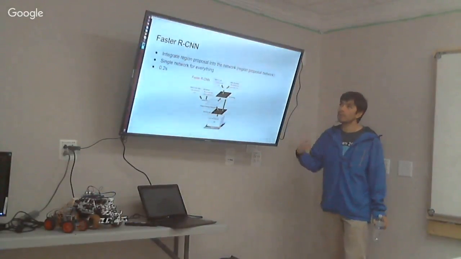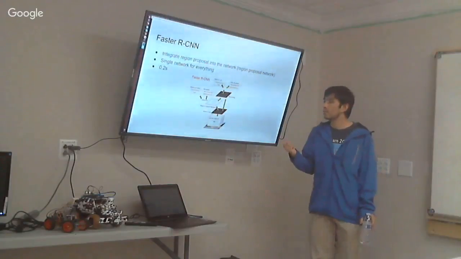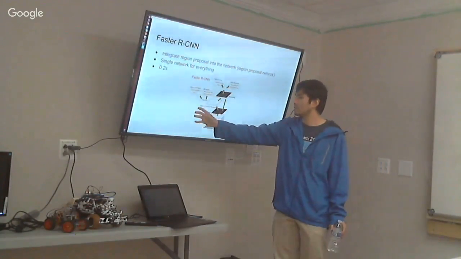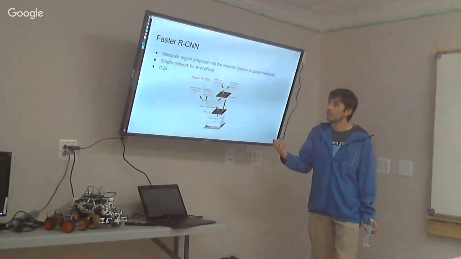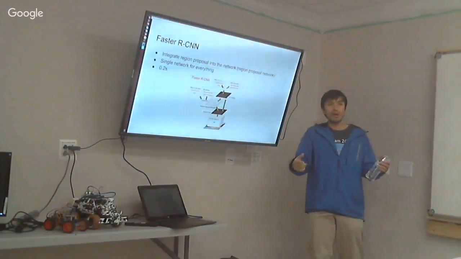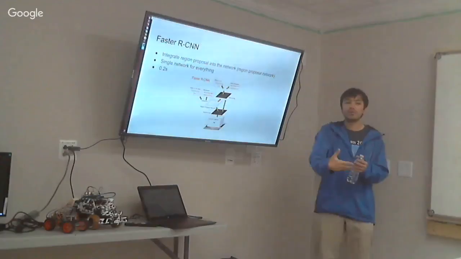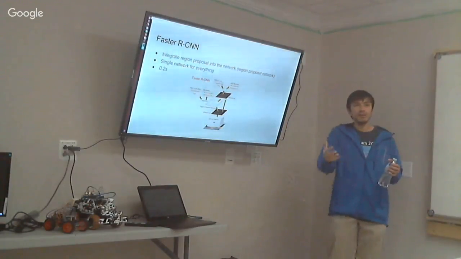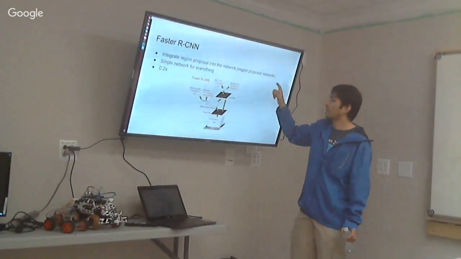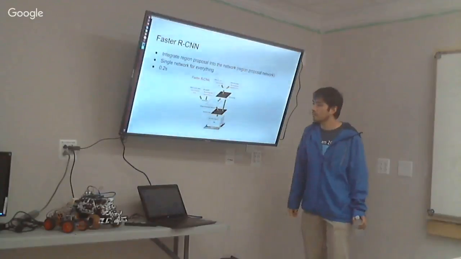Then they came up with something called Faster R-CNN, because it was like, wait, why are we relying on some external program to give us the region proposals? The neural network is a learning system. Why not learn the regions as well? You could do the whole thing, so they created a region proposal network.